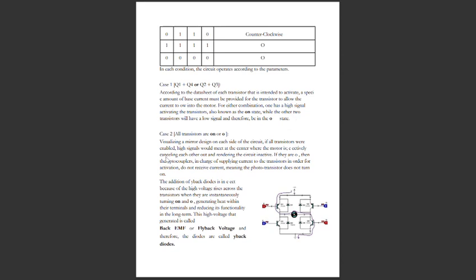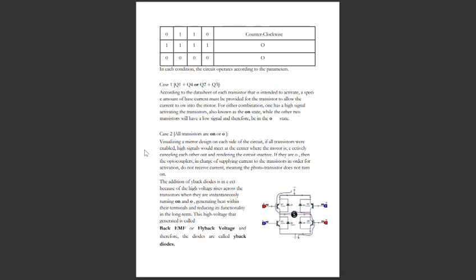In case 2, visualize a mirror design on each side of the circuit. If all transistors were enabled, high signals would meet at the center where the motor is, cancelling each other out and rendering the circuit inactive.